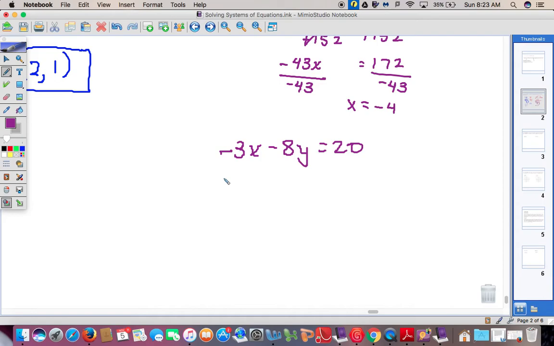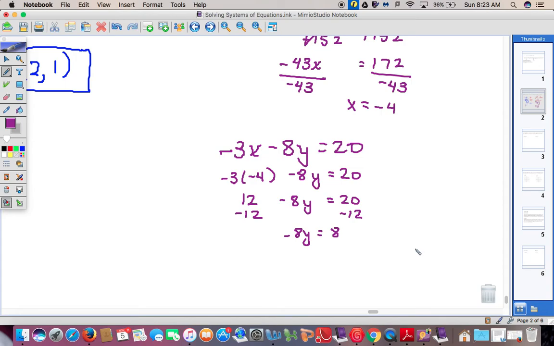So I have negative 3 times negative 4 minus 8y equals 20. Negative 3 times negative 4 is a positive 12 minus 8y equals 20. So now if I subtract 12 from each side, I get negative 8y equals 8. Divide both sides by negative 8, and I would get that y equals negative 1.